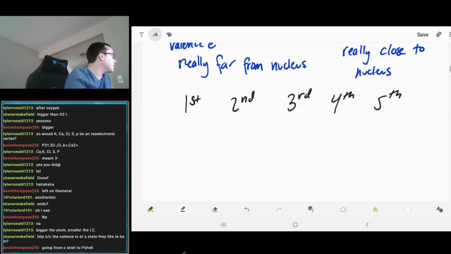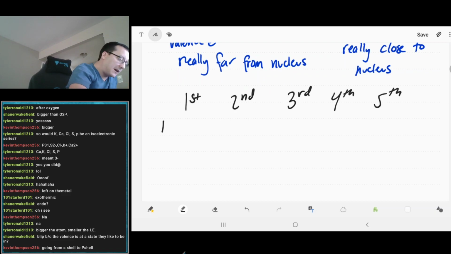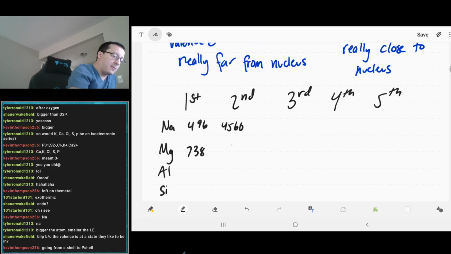I'm going to just copy numbers here. But let's take a look at another trend that we have. I hate just copying numbers down, but you don't need to remember the numbers by any means. You don't even need to copy them.